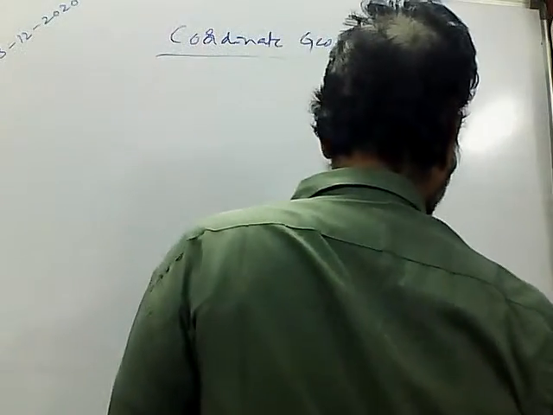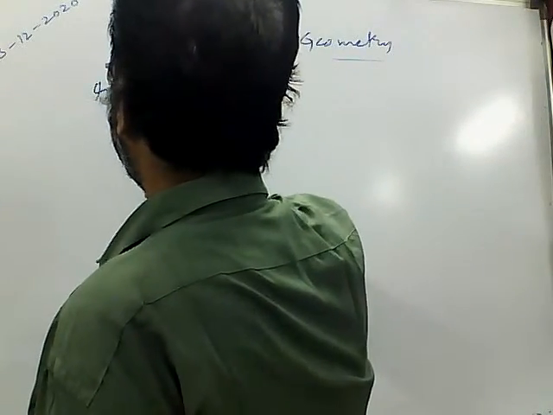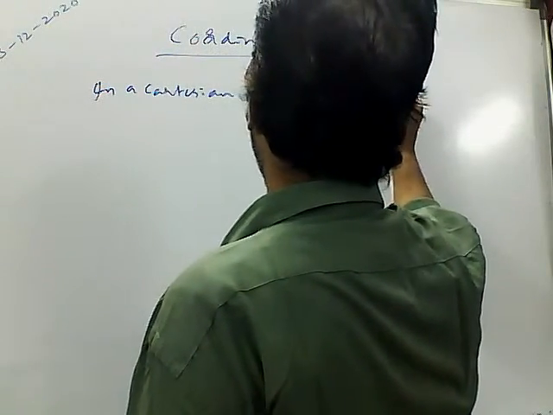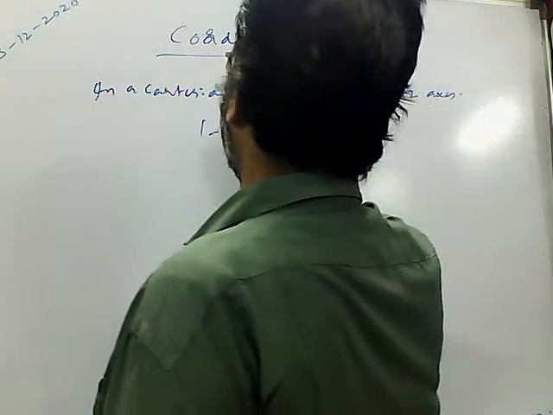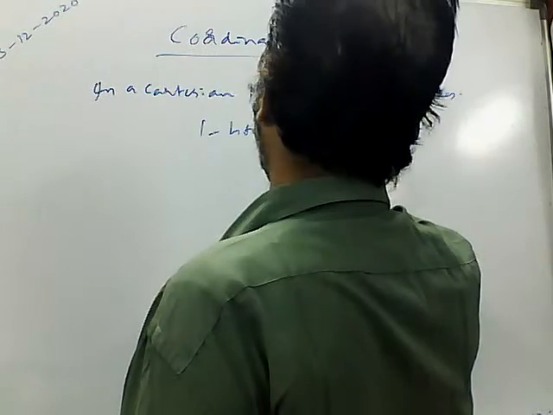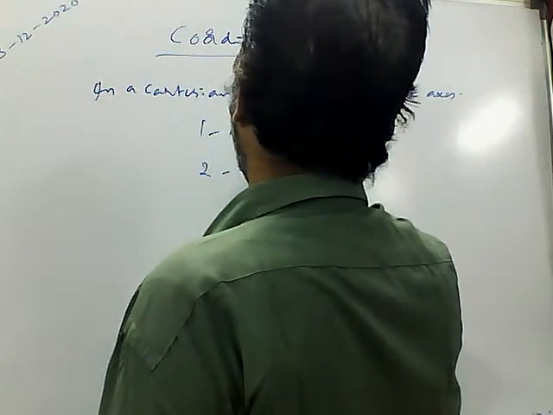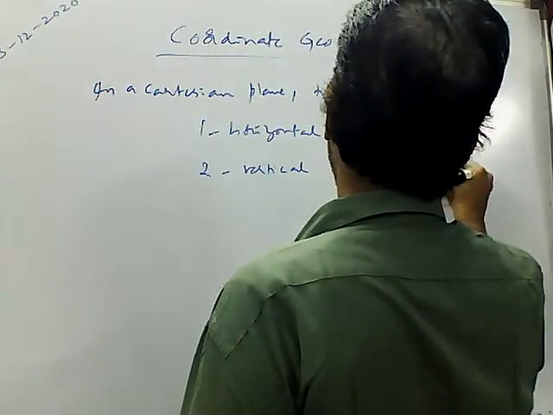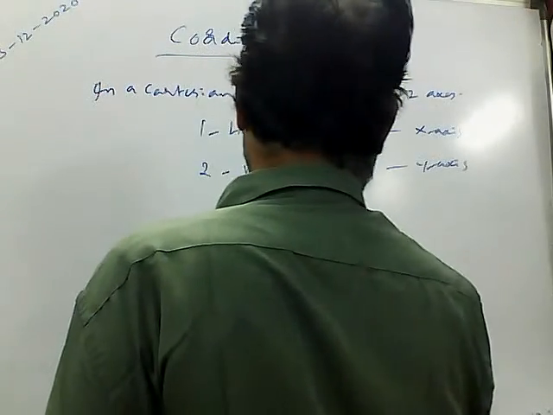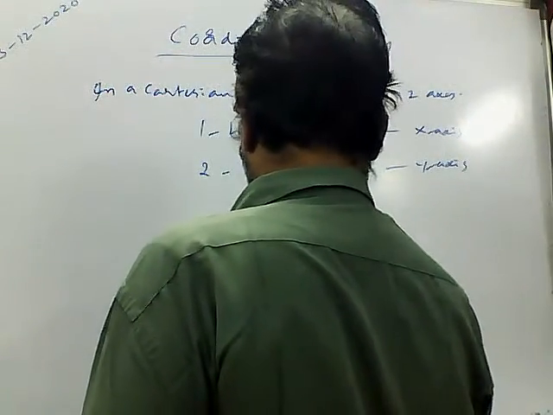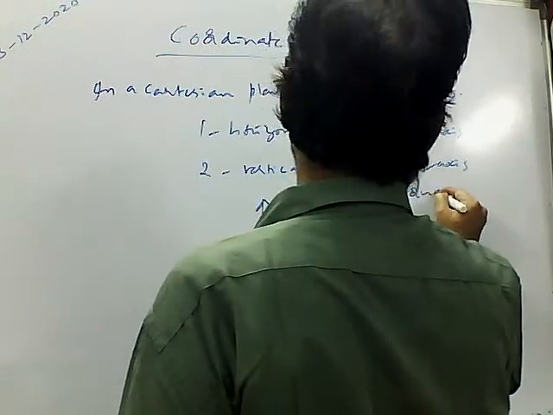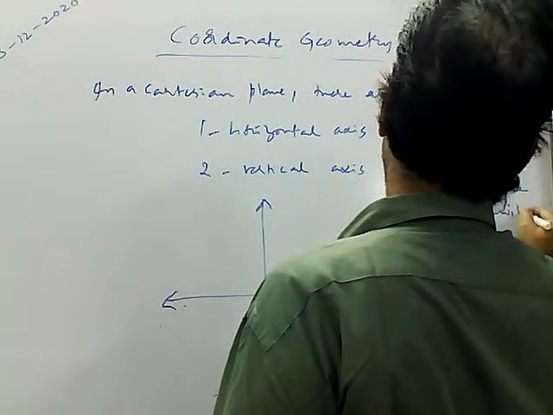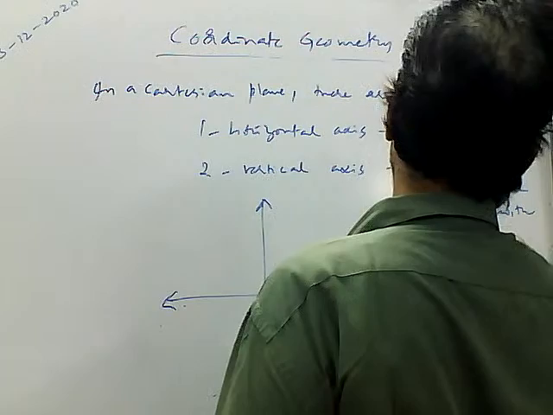Now, in a Cartesian plane, there are two axes. One is the horizontal axis and the other one is the vertical axis. The names are also indicated as the x-axis and y-axis. When they intersect, four quadrants are formed with the intersection of the x-axis and y-axis.